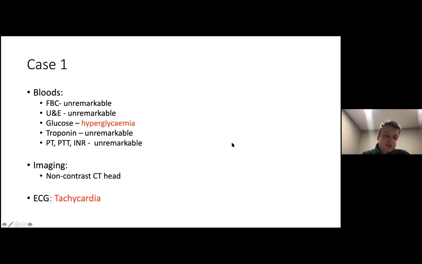In this patient, the bloods were unremarkable, apart from a high glucose and a bit of tachycardia. This might be down to pain or nervousness, but the rest of the bloods were normal. So we'll look at the CT head now.